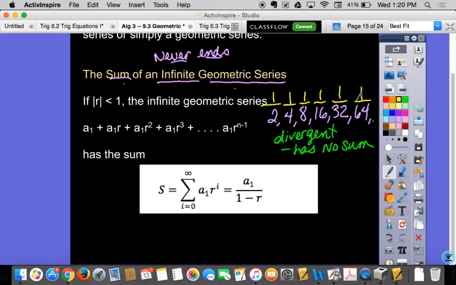So what if it was 1/2, and then 1/4, 1/8, 1/16, 1/32? This is zoning in on something. If you keep going, this is getting closer and closer to 0. Those sequences, you can take the sum of. These converge, and they do have a sum.